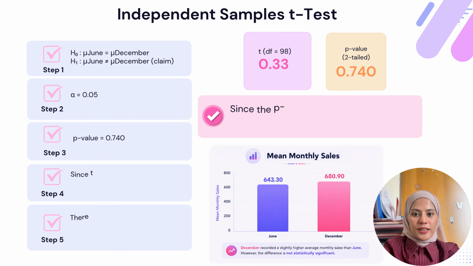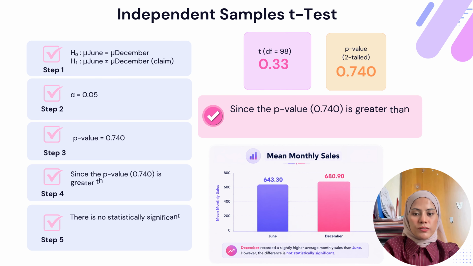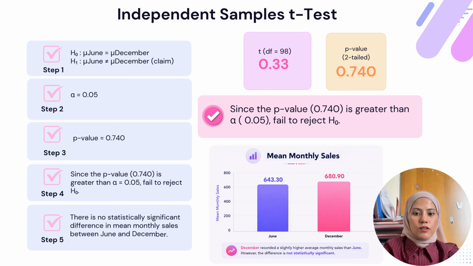Now, let's look at the independent sample t-test result. There are 5 steps. Step 1, state the hypothesis. H null, mu June equal to mu December. For H1, mu June not equal to mu December. And here is our claim. Step 2 is the critical value, where alpha equal to 0.05.